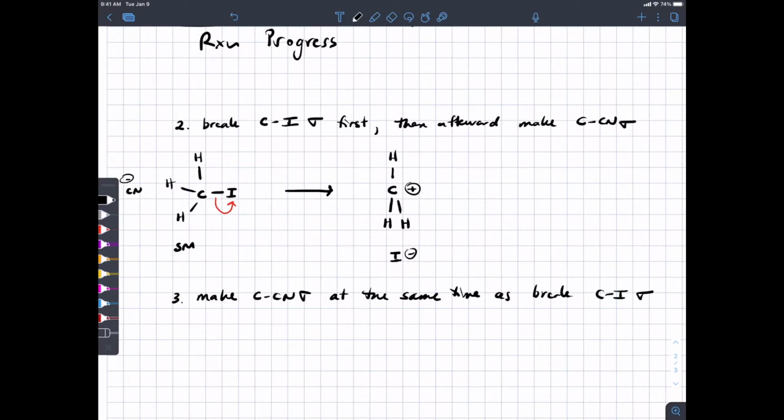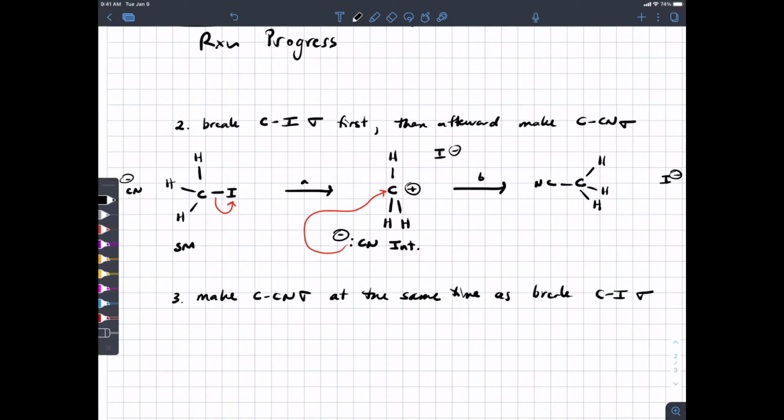And so I minus is your leaving group. We form this intermediate I, and then CN minus would make the new carbon-cyanide bond. This would be step A, this would be step B.